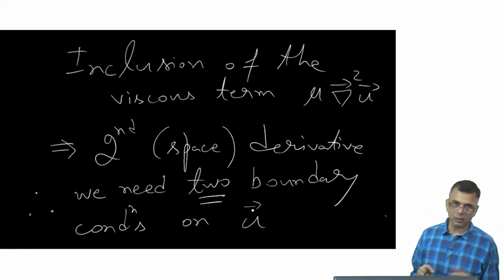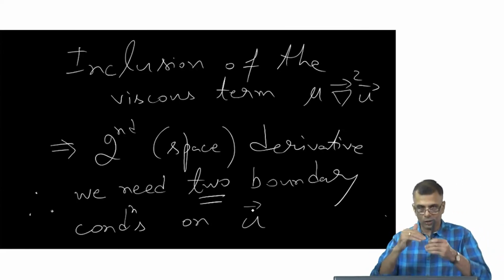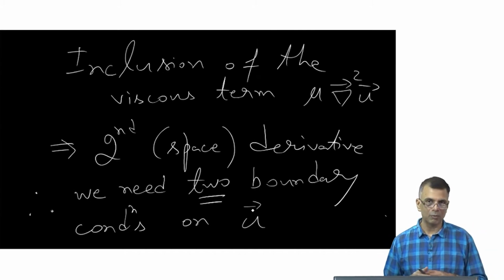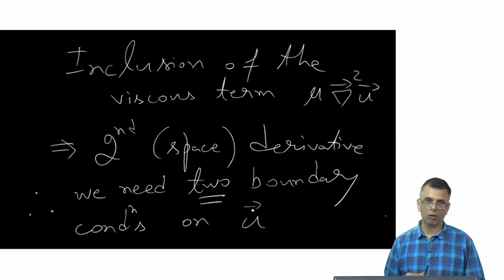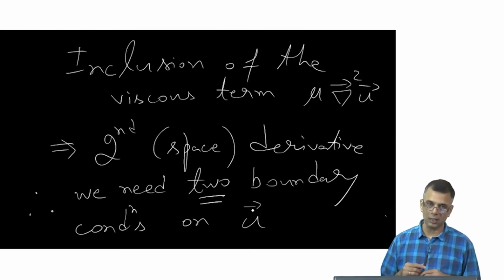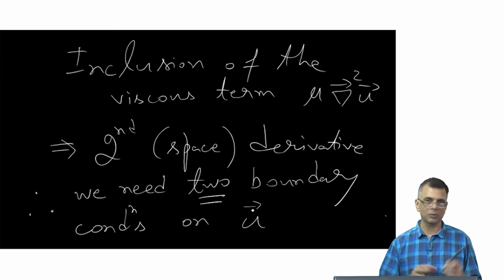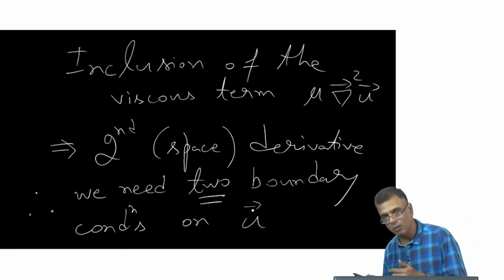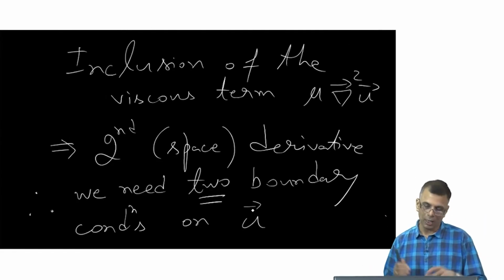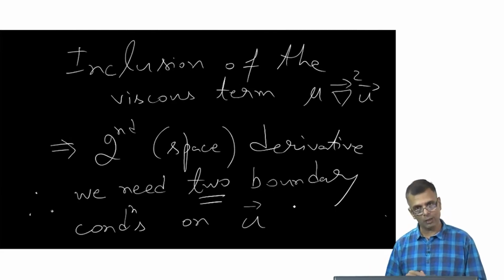For instance, on the surface of an object, you might want to specify both the normal as well as the tangential velocity, or maybe the tangential velocity and the derivative of the normal velocity, or some mixture thereof. Maybe a Dirichlet boundary condition, or a Neumann boundary condition, or a mix. Either way, you do need two boundary conditions.